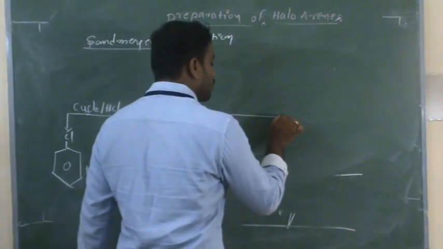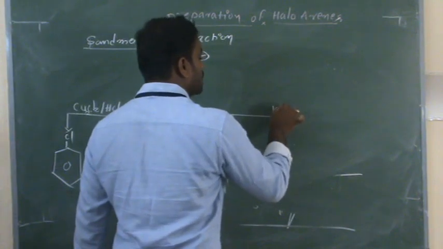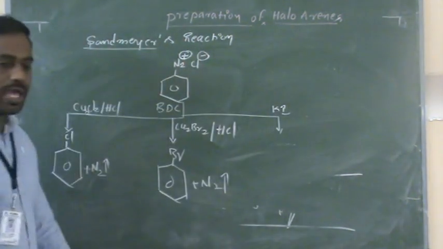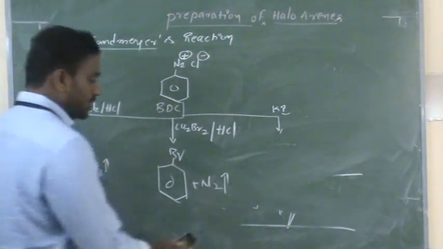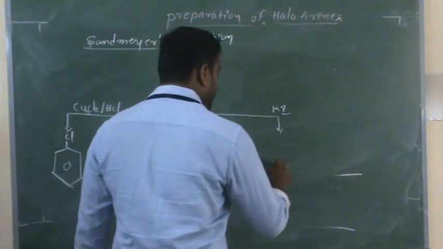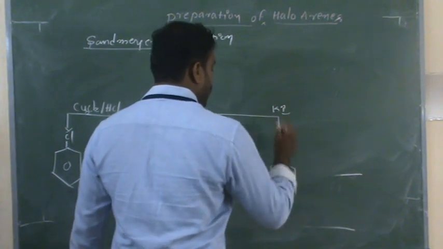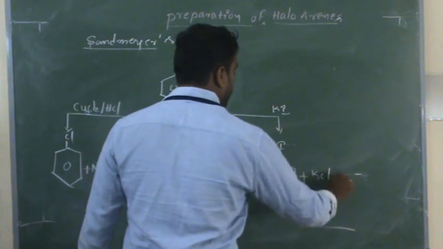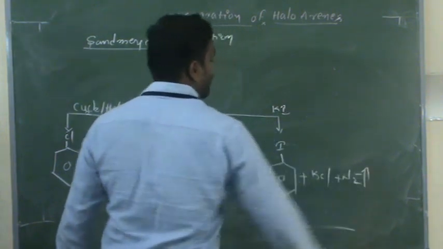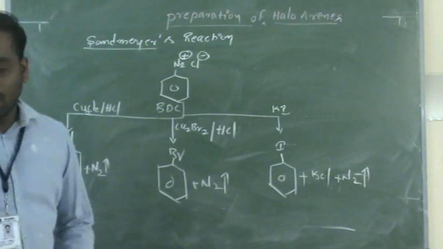But here you should use potassium iodide. If you use potassium iodide, then only we get iodobenzene plus KCl, and evolving of nitrogen gas. Okay. Clear, all of you?